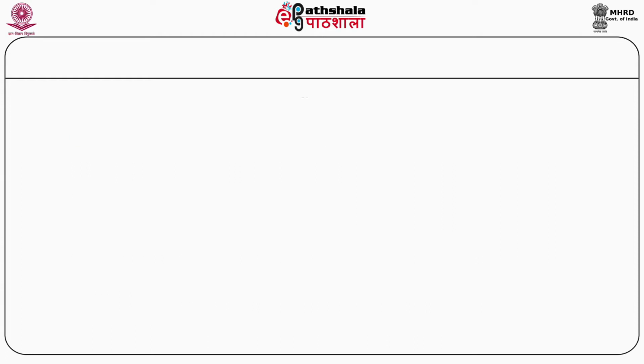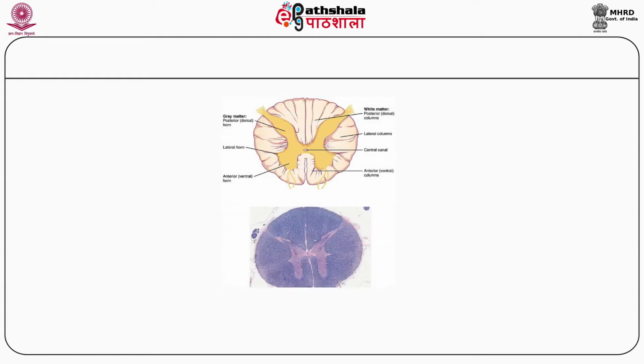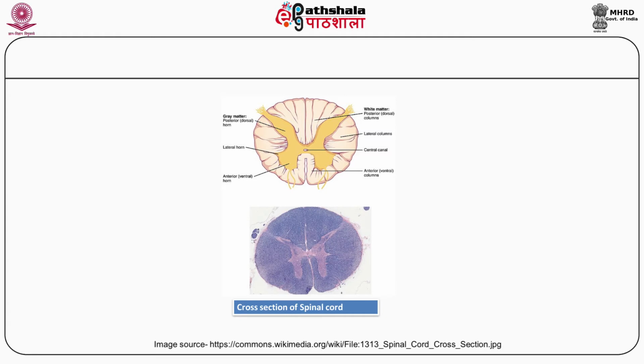In the figure, you will find that a cross-section of a spinal cord looks like a white oval containing a gray butterfly shape. The information relayed to and from the spinal cord is directional.